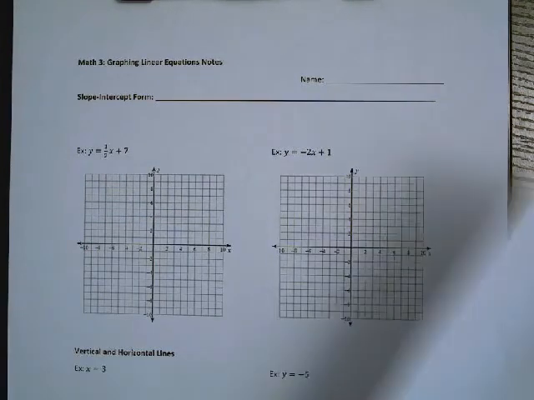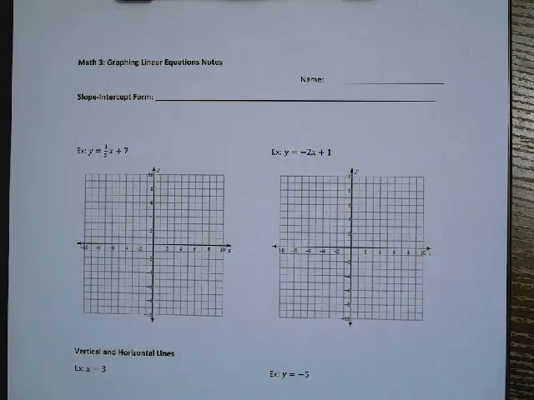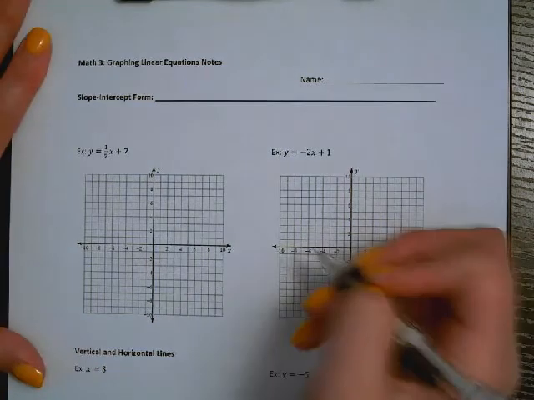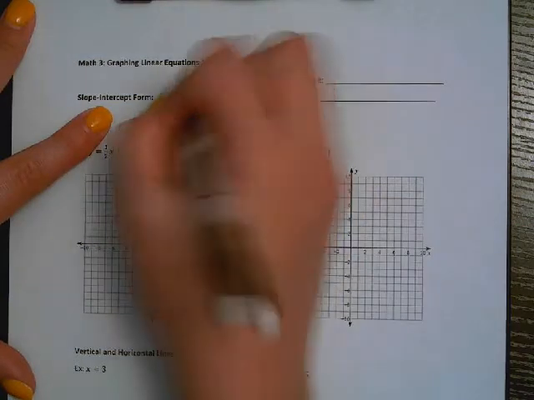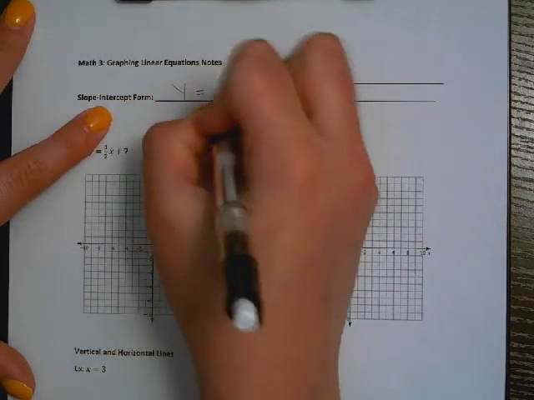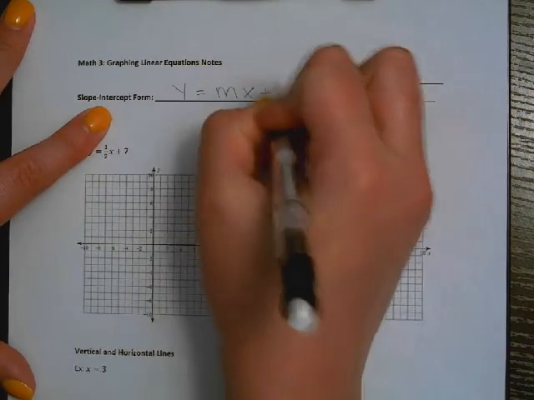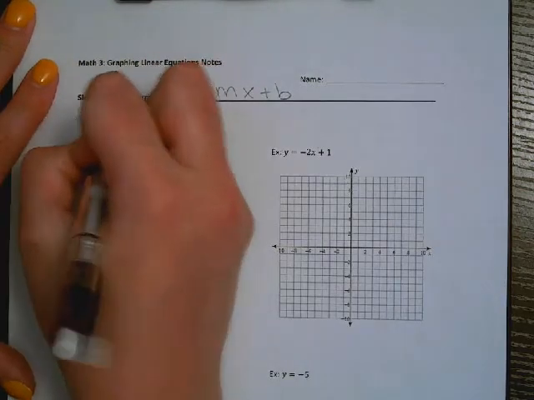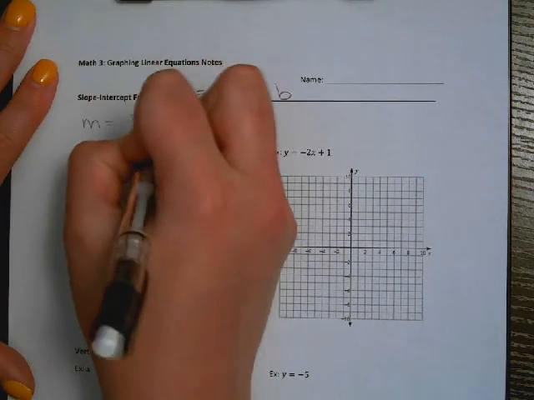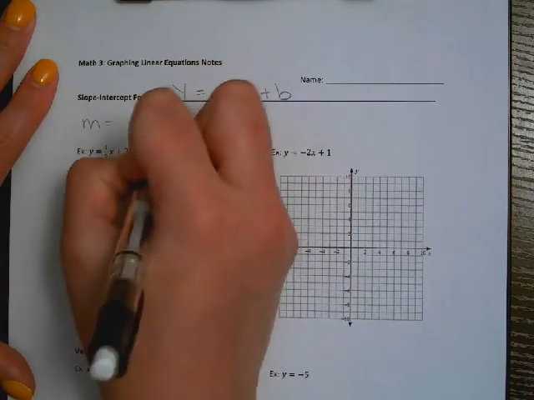Okay, so graphing linear equations. The most common form that you're probably used to is slope-intercept form. That's y equals mx plus b. If you recall, the m is the slope, which we usually talk about as rise over run.